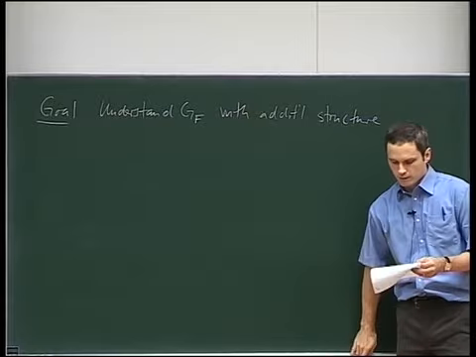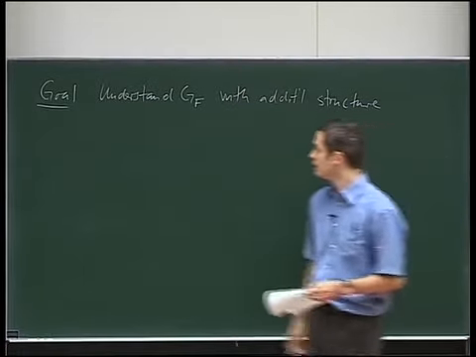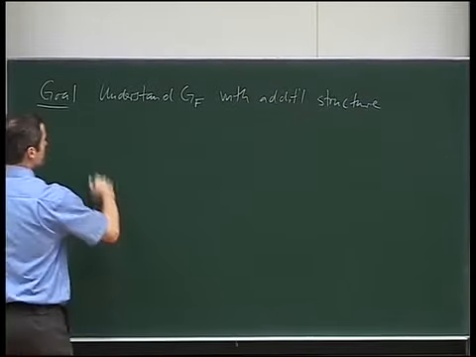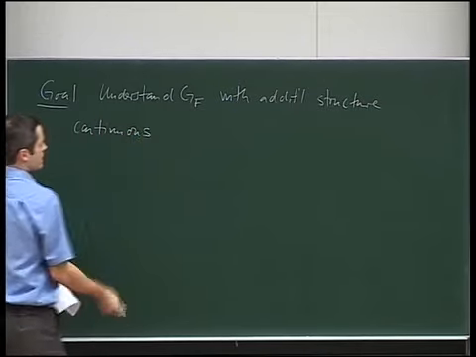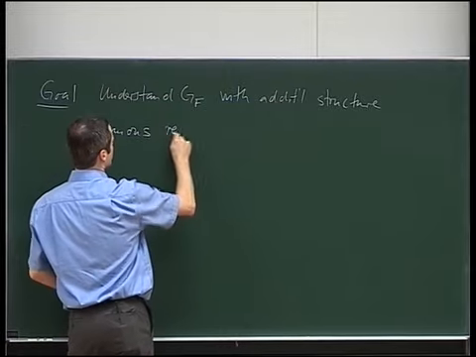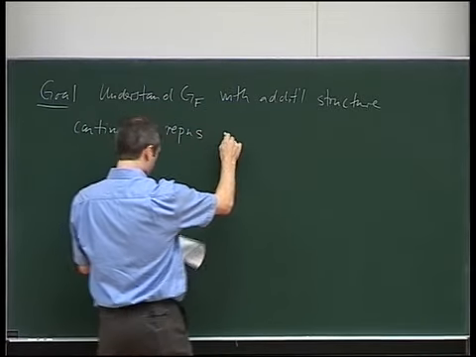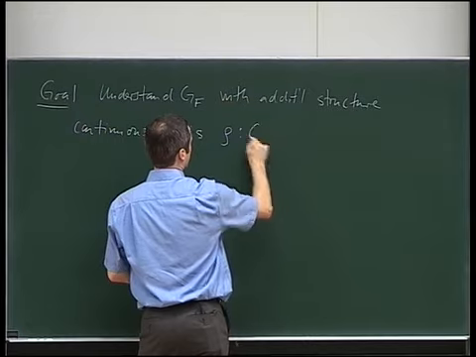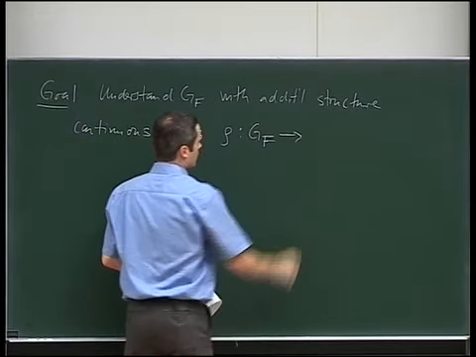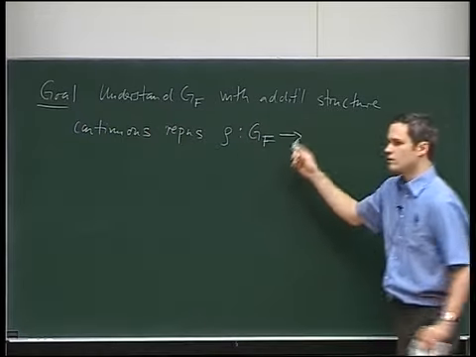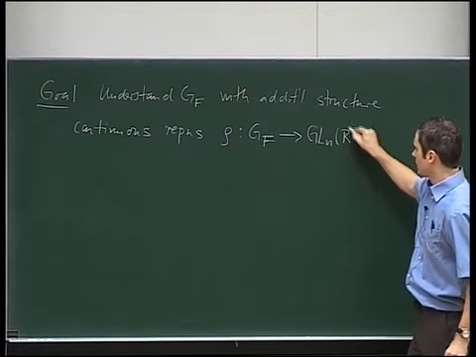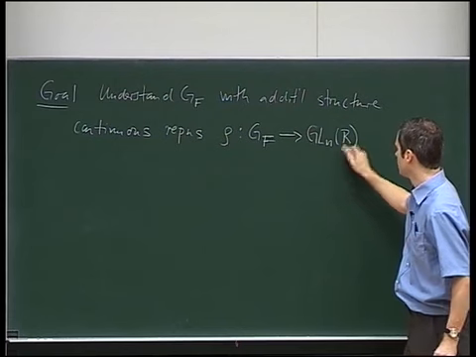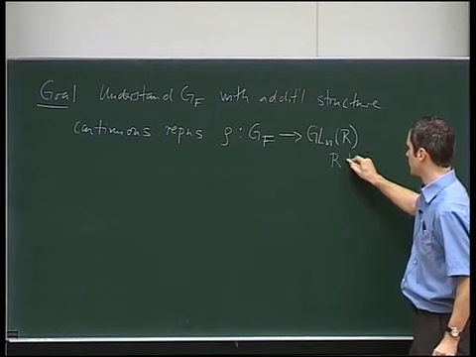One way to learn something about this is by studying representations. And since we have this topology, we study continuous representations, so representations of G_F with values in GL_n(R) for certain topological rings.